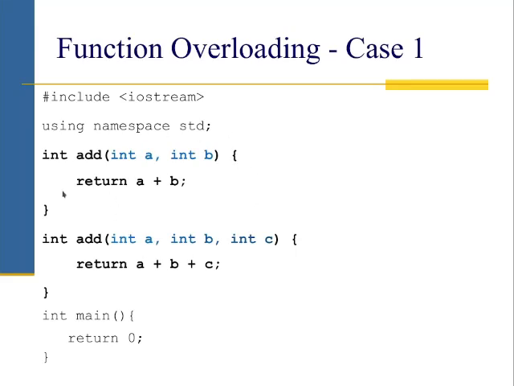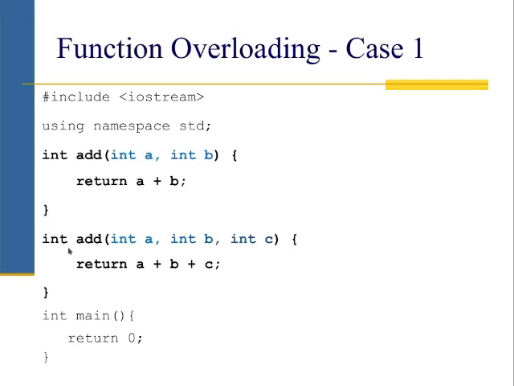So let's see here. We have the integer. We are declaring a function called add with the integer data type, and you are giving it parameters int a and int b. This basically returns the summation of a and b for us.